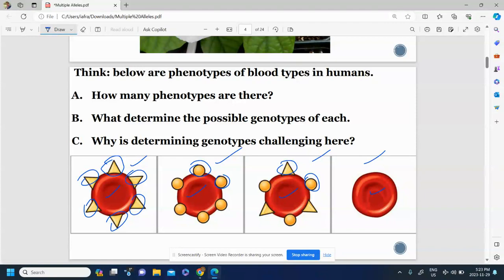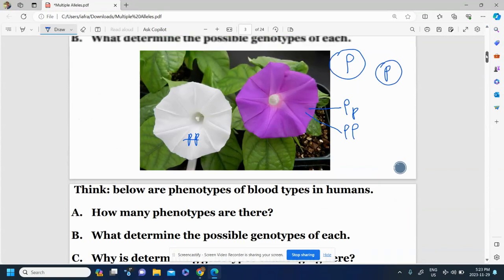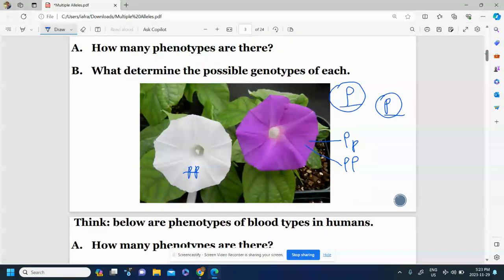Let's come up with some genotypes for these with letters. And you'll notice that you might actually find this quite challenging to do. Up here it was pretty easy. There's 2 versions of the allele, big P, little p. So this is little p, and this is, well, little p, big P, and big P. But that only gave us 2 different possible phenotypes.